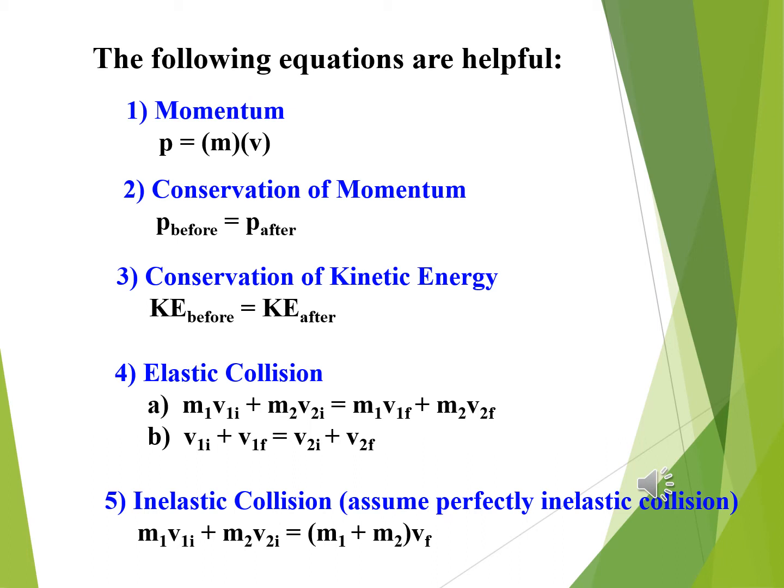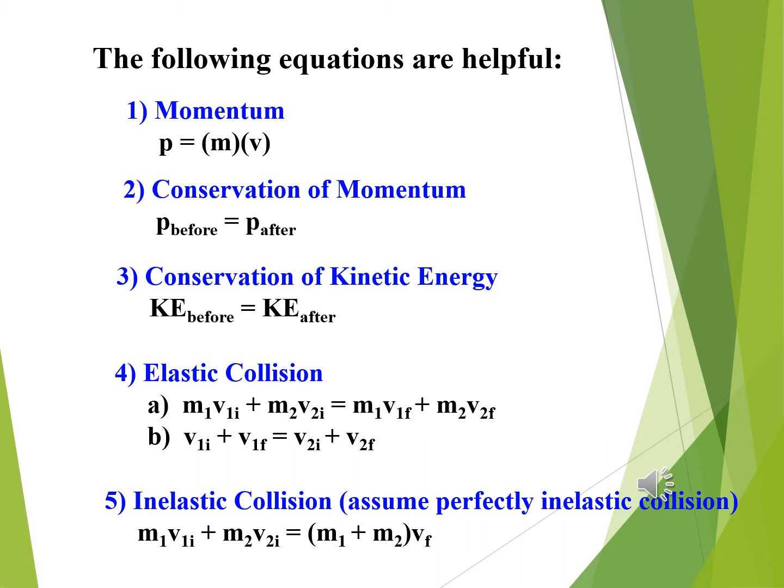Letter A, m1 v1i + m2 v2i = m1 v1f + m2 v2f. The second equation is taken from the conservation of kinetic energy: v1i + v1f = v2i + v2f.